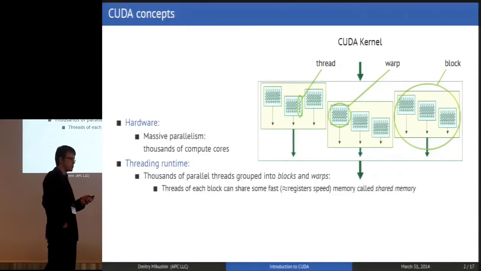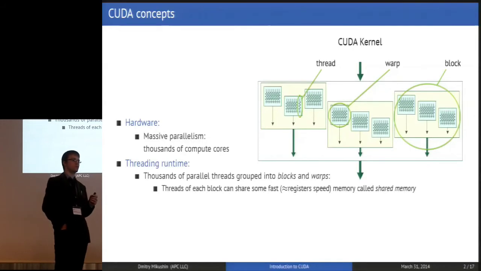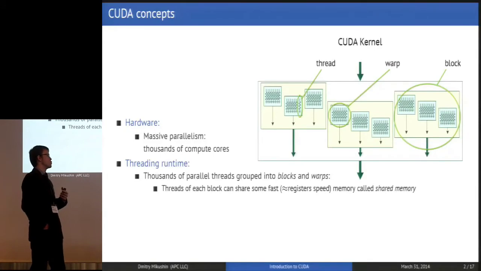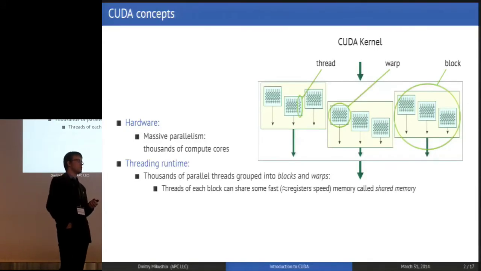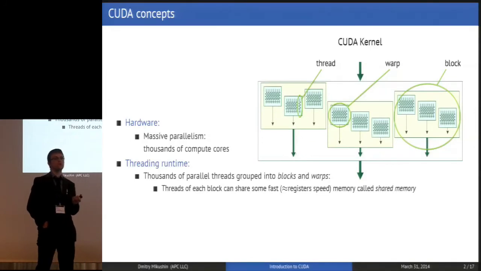Threads of each block can share some fast memory called shared memory. Don't confuse shared memory with global DRAM, because shared memory can work almost at the speed of registers, which helps, for instance, to accelerate matrix multiplication on GPUs to impressive numbers.